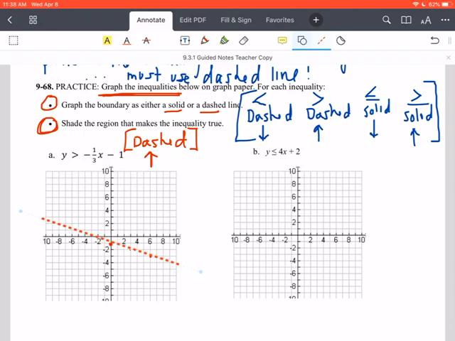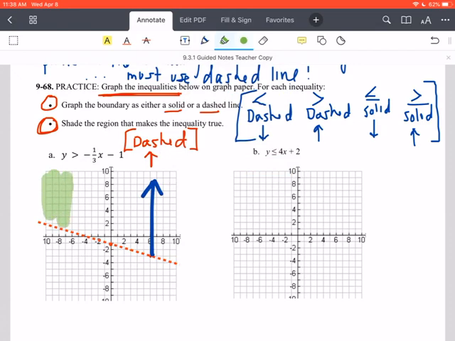Okay, so there is my boundary line showing that none of these points are truly going to make the inequality work. Okay, but then after that, we said the greater than symbol means that we are going to shade straight up. So put your pen on the boundary line and go straight in the upward direction, and that shows you which of the two regions to shade.